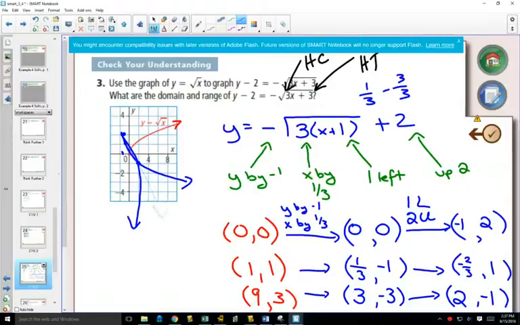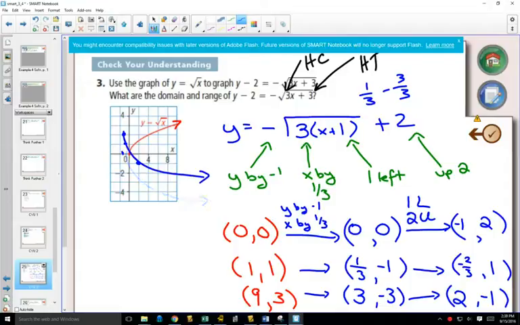So what shape is the right shape? In order to do that, a good plan is to think about these things. If we walk through these things, what does y by -1 do? It flips it over the x. That would start by flipping it down like that. That's my shape. What does x by 1/3 do? Compresses it. So now it's still that shape, but squished that way. 1 to the left and 2 up.